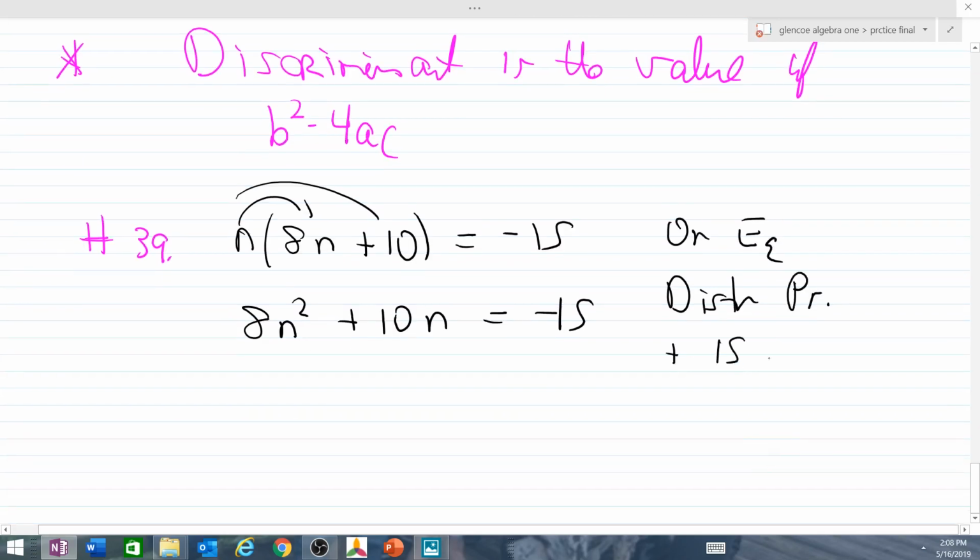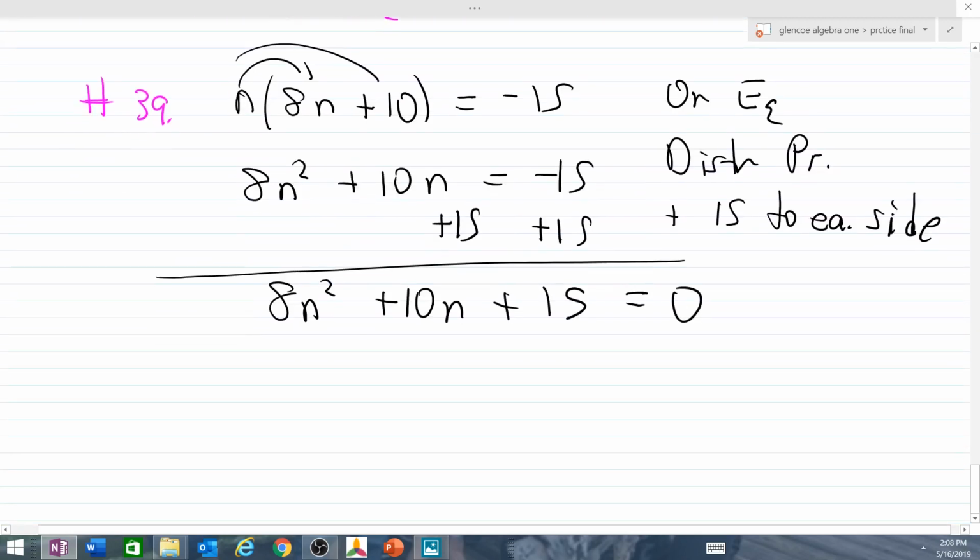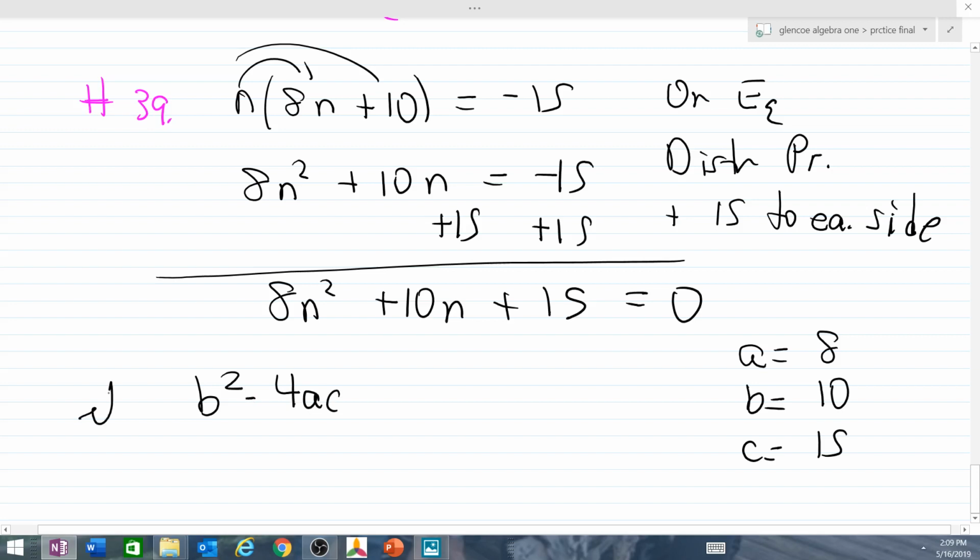Then I'm going to add 15 to each side, and I get 8n squared plus 10n plus 15 equals 0. Now I need to locate a, b, and c. Who can tell me what a is? Class, what's a? What's b? What's c? Now we're going to plug that into b squared minus 4ac.